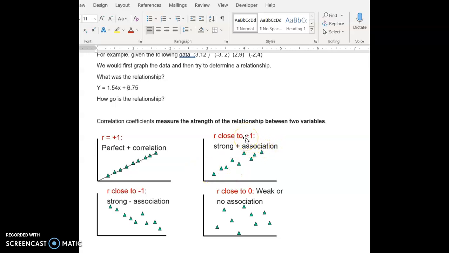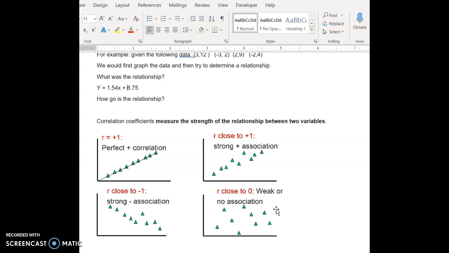So it might be 0.7, 0.8, 0.9 that would describe these points. And down here where it says it's very weak and the points don't look like they're following any lines, then it would be close to 0. So it might be 0.2, 0.3. So perfect is 1, and anything less than 1, all the way down to 0, shows a weak correlation.